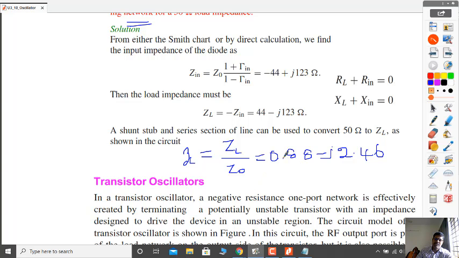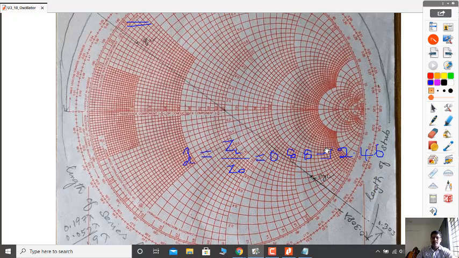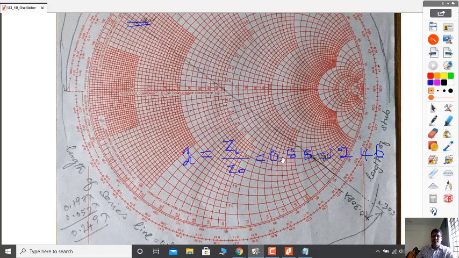Now you mark this normalized load, 0.88 minus j 2.46, on the Smith chart. On the Smith chart, the real part is 0.88. This is 0.8, this one is 0.9, so it will be very close to this one, 0.88. You follow this circle.